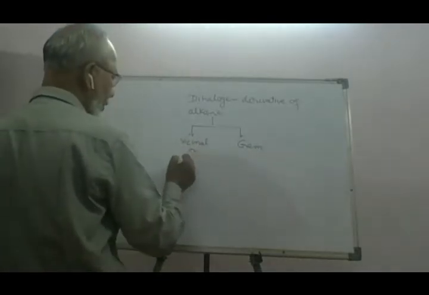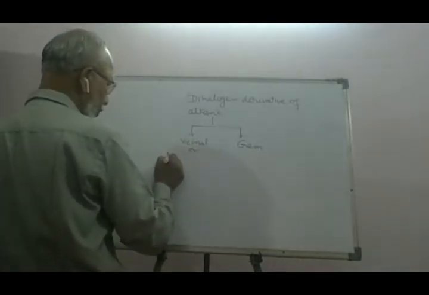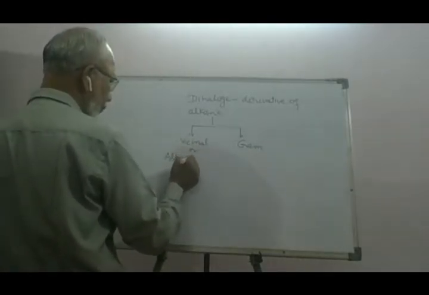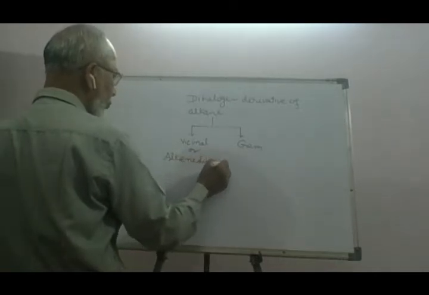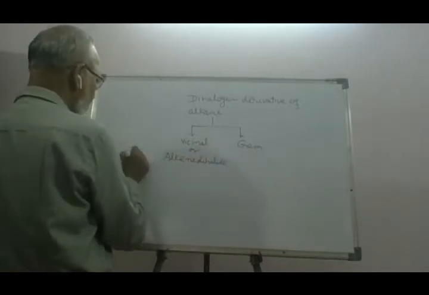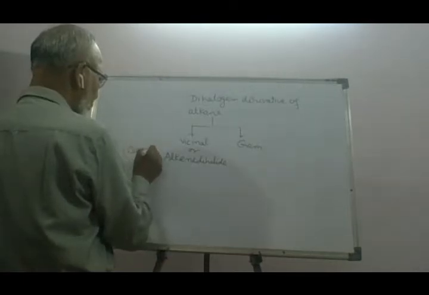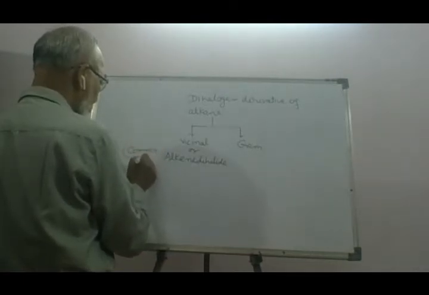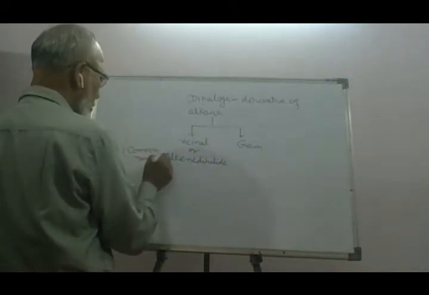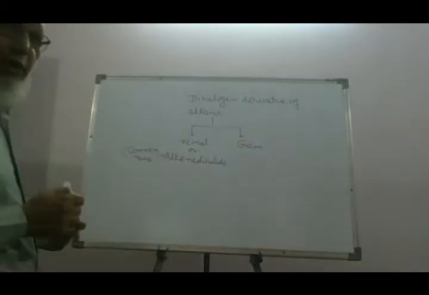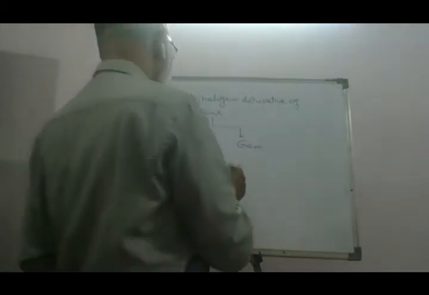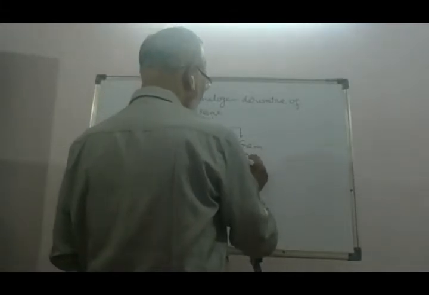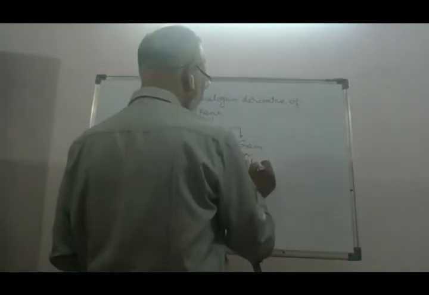I have not started the IUPAC naming system. So this is your alkene dihalide. This is the common name. And the gem dihalogen derivatives are also named as alkylidene dihalide.